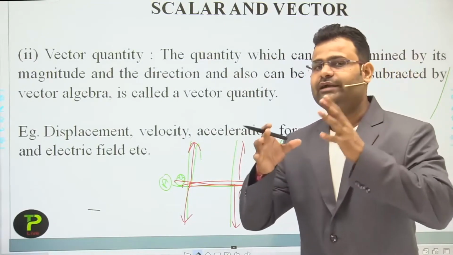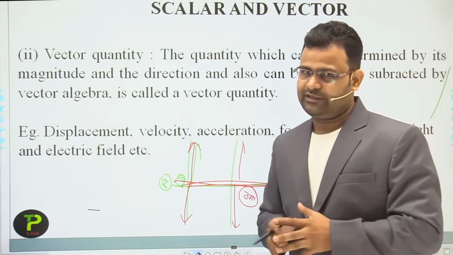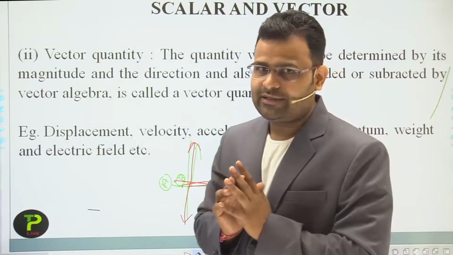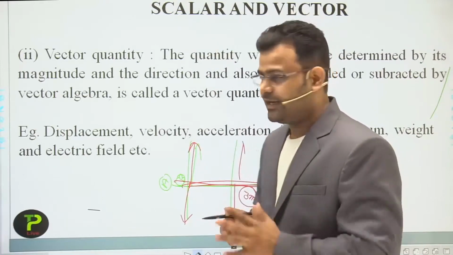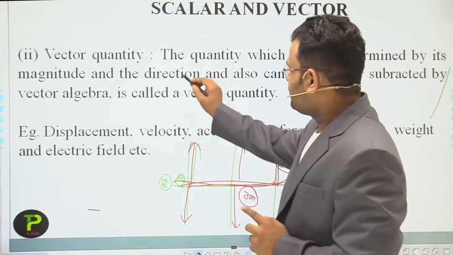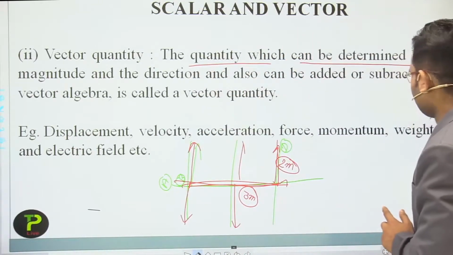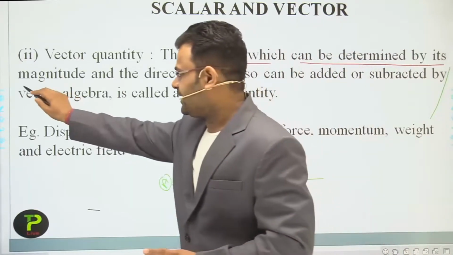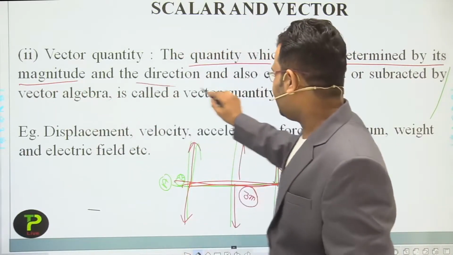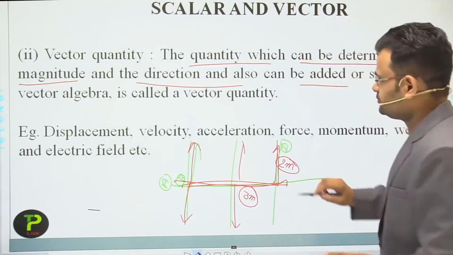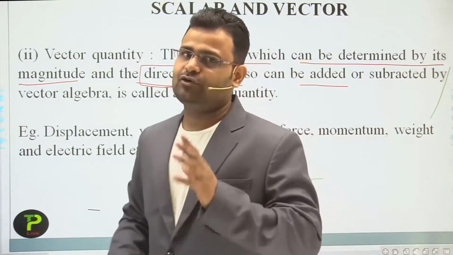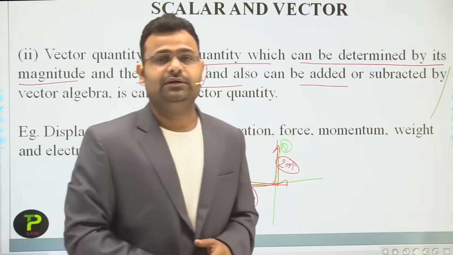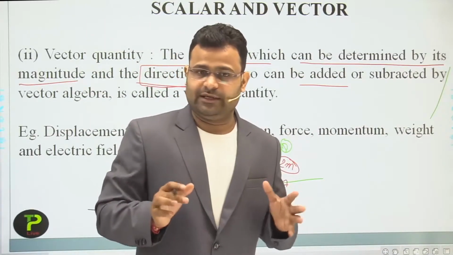So some quantities are divided into vector quantities. Scalar means there is no requirement of a direction, but in this case we require a direction. So, dear students, the quantity which can be determined by its magnitude, just like a scalar quantity, and also by the direction, that quantity is a vector quantity.